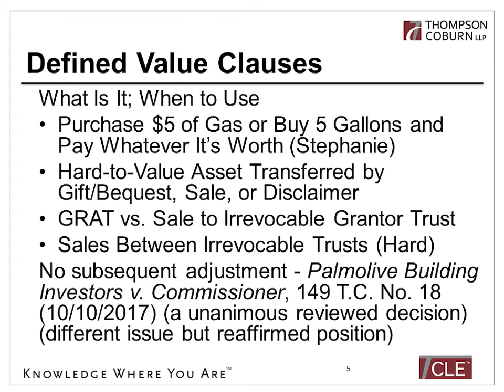So I was just recently presenting at a seminar with Stephanie Loomis-Price, and she told me her example. So let's suppose we have a choice: purchase $5 of gas. That's a defined value clause because we're choosing to pay $5, and whatever gas it will purchase is whatever gas we'll get.